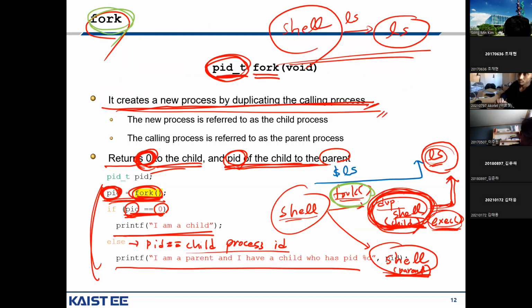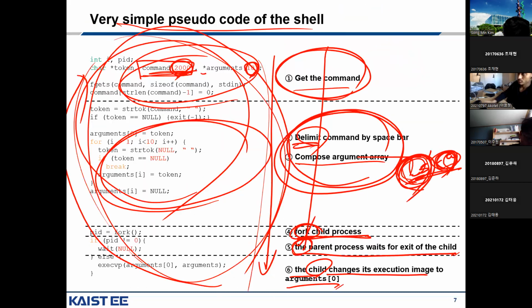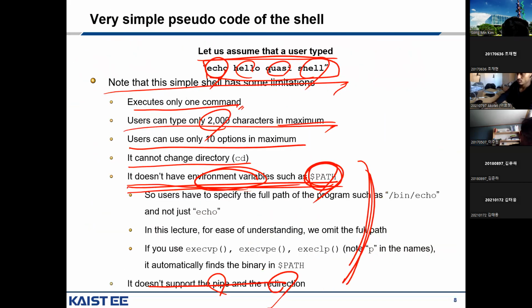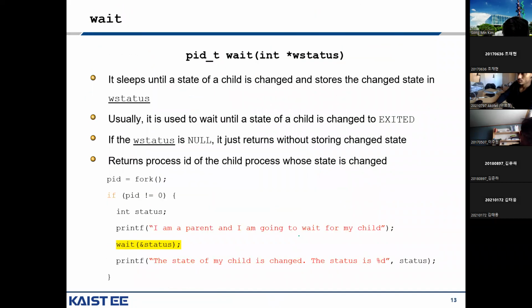Let me go back. We talked about this, right? We said we don't have the environment variables in our simple shell program. And why is this so?